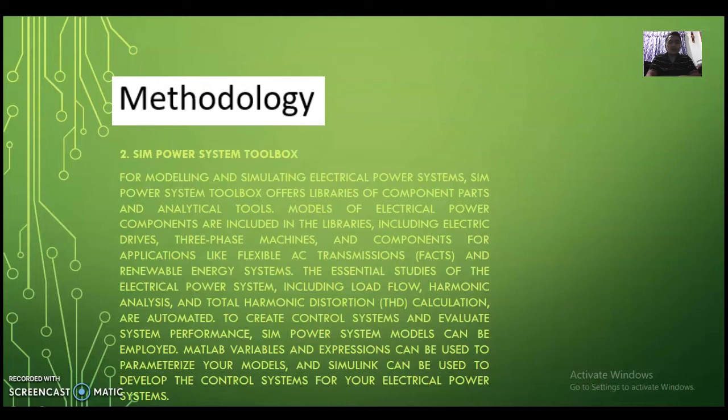The essential studies of the electrical power system, including load flow, harmonic analysis, and total harmonic distortion (THD) calculation, are automated to create control systems and evaluate system performance. Simple system models can be employed. MATLAB variables and expressions can be used to parameterize your model, and Simulink can be used to develop the control system for your electrical power system.